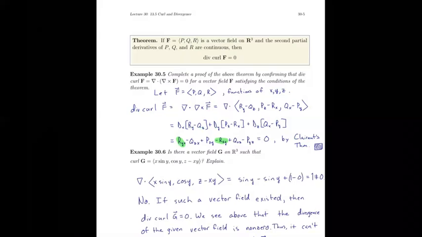Well, R sub yx is equal to R sub xy, so these two would add to 0 thanks to the difference in sign in front, similar with the Q's and similar with the P's. So everything adds to 0. It's a scalar 0 on the right, and we've established the theorem as intended.